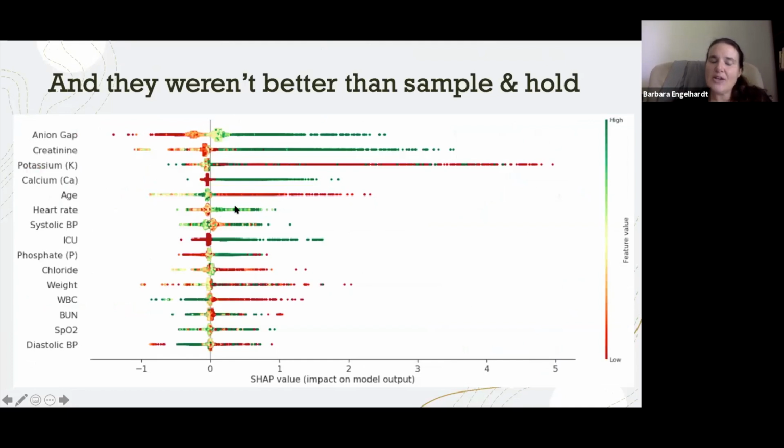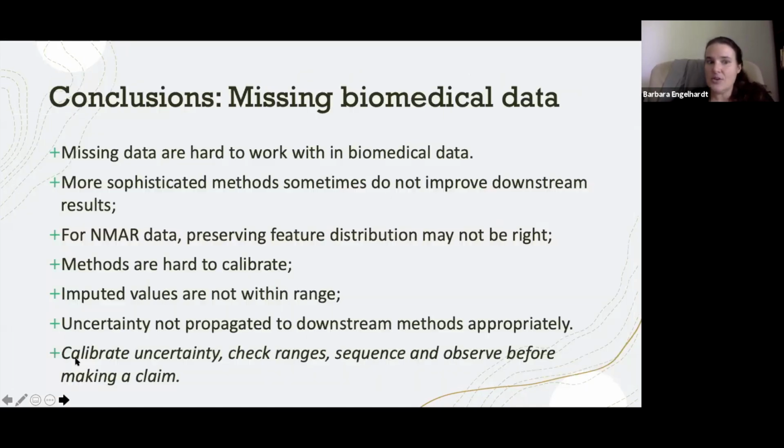But again, when we actually used those imputed data for reinforcement learning later on, where the reinforcement learning included all of these state variables which had been imputed, we found that the policies that we estimated didn't perform any better when we used our fancy imputation with a multi-output Gaussian process, as opposed to just the sample and hold that a lot of other groups did. So this was kind of frustrating, but also, I guess, understandable.